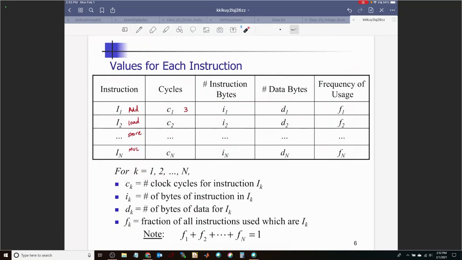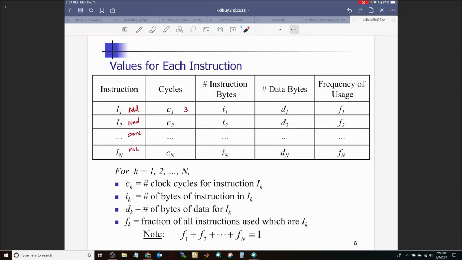Does the computer count the frequency, or does the instruction come with that information? So here, this frequency is monitored on an averaging basis, right? So for example, to run a particular program or a set of programs throughout the day, what is the user asking the computer to do, right? So for example, if the computer is being asked to add all the time, then that particular instruction's frequency will go up, right?